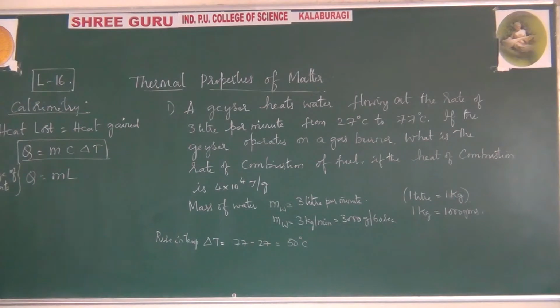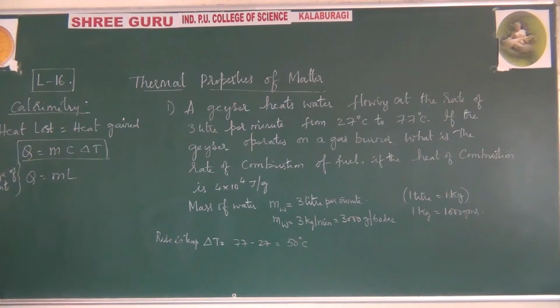But remember, here they did not give it. They have said water is given in that geyser. They did not give the specific heat of that geyser. So let us take that in terms of calories, 4.2 joules. That can be converted here.